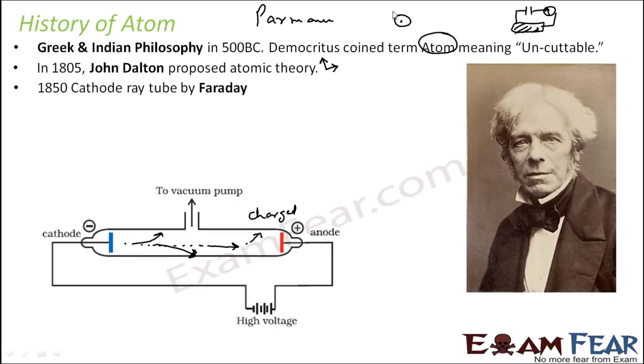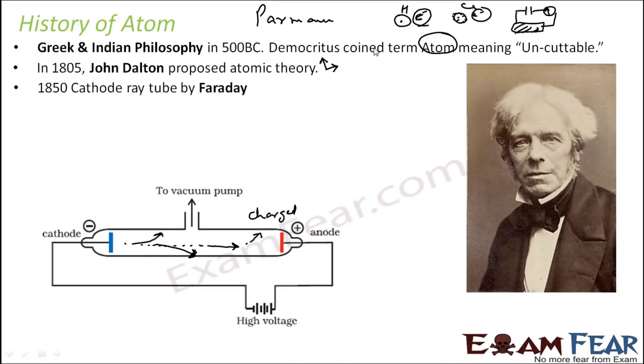You take another gas, let's suppose this is hydrogen gas, you take chlorine, it will be some other atom with some other property, right? But what they observed is that the nature of these particles is independent of the gas. That means it looks like this atom is actually broken into some particle, and this particle is common in both.